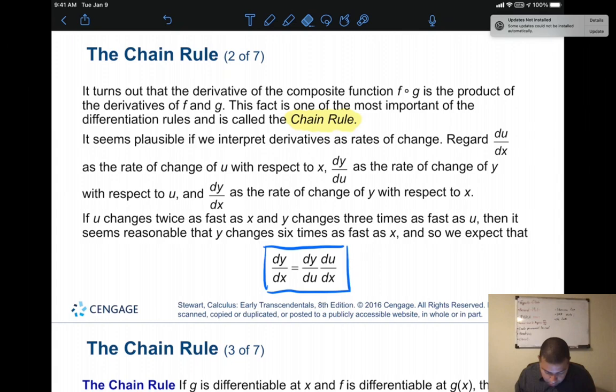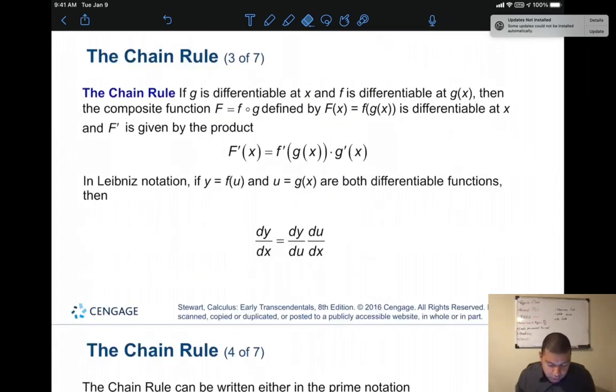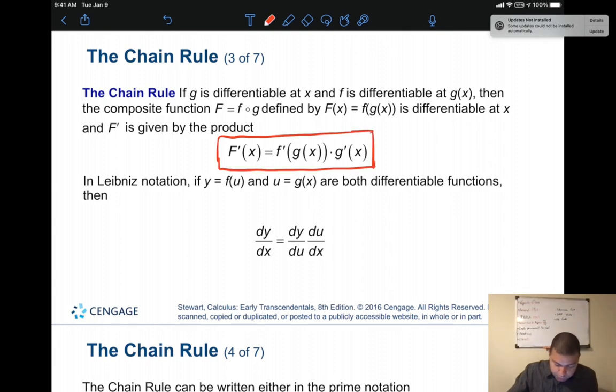You can also write it using Newton's notation, or prime notation as it's sometimes called, where you have f prime of g of x times g prime of x. Let me box them both and add my already famous little exclamation points so you know these are things you have to remember. They are very, very important.